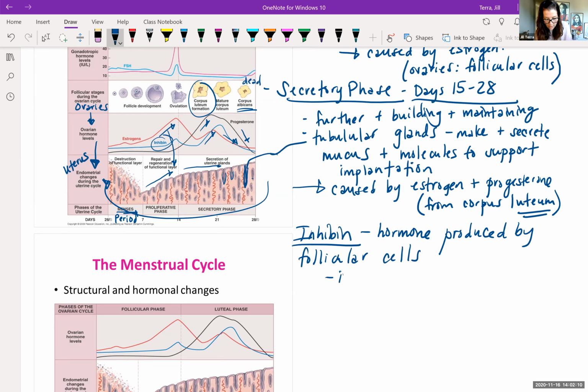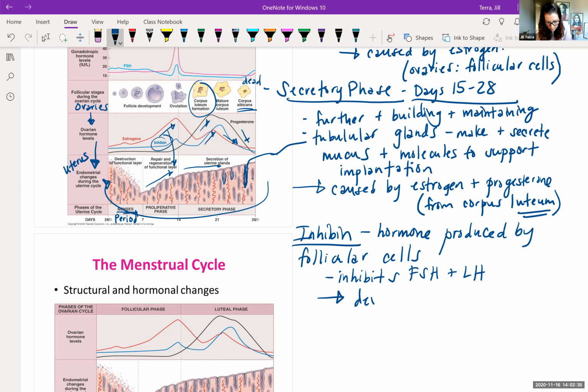And what it does is it inhibits FSH and LH release. So does estrogen, right? So what does that mean? That means that basically our bodies are designed to be developing only one, getting one fully mature follicle formed in each cycle.